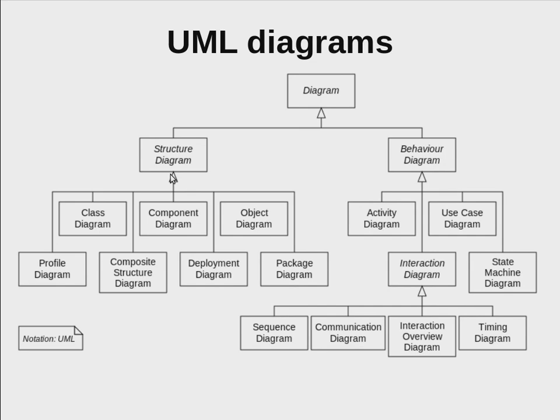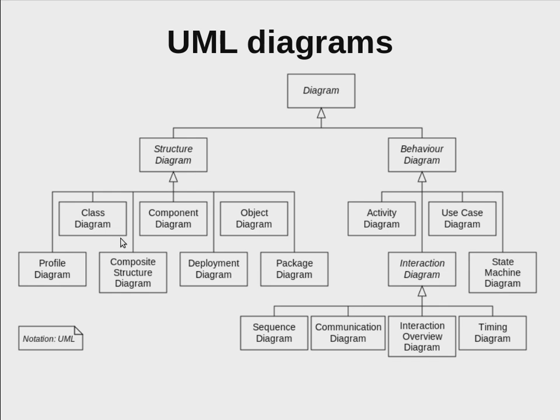Static means doesn't change over time, in simple terms. But they didn't like this term, and therefore these were renamed structure diagrams, and they represent what is not changing, what is always true or invariant over time about your system.